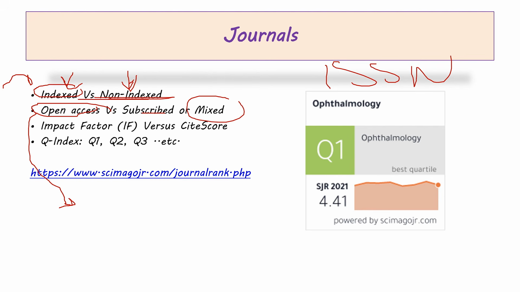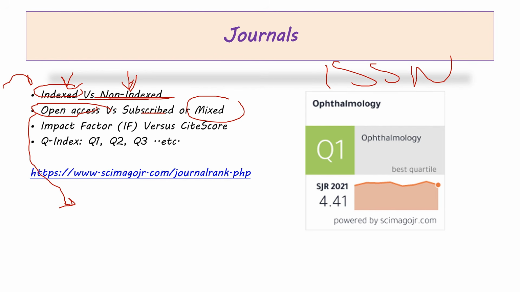These charges differ from journal to journal, about 1,000 to 2,000 to 3,000 US dollars. The benefit of an open access paper is that it increases the visibility of your paper, increases the reading rates among researchers, and increases the citation rate for your paper.